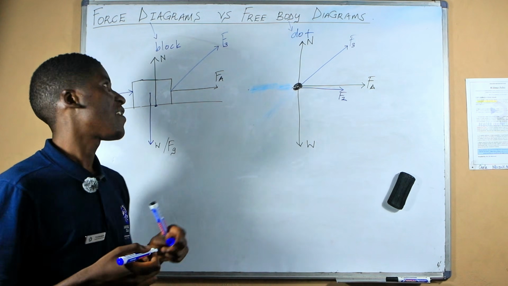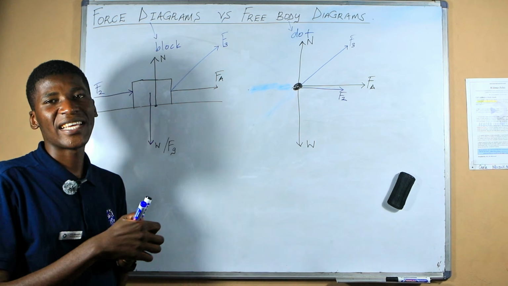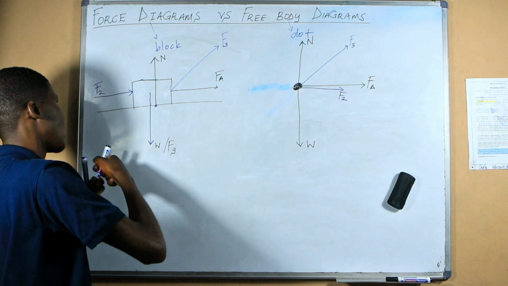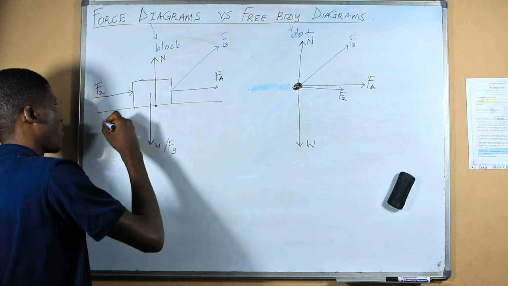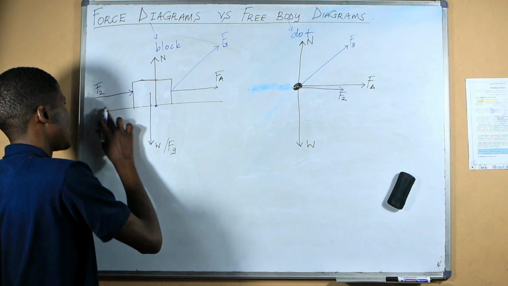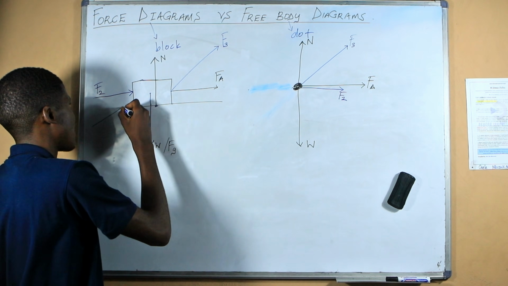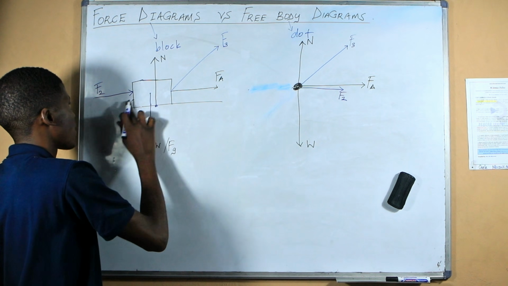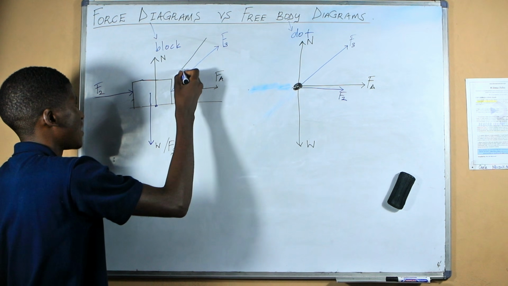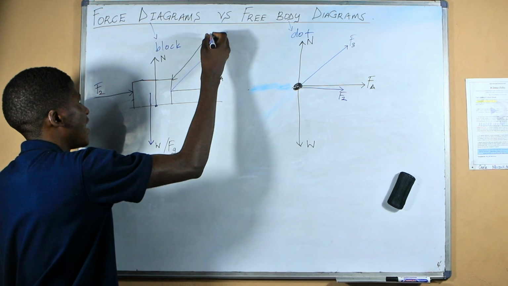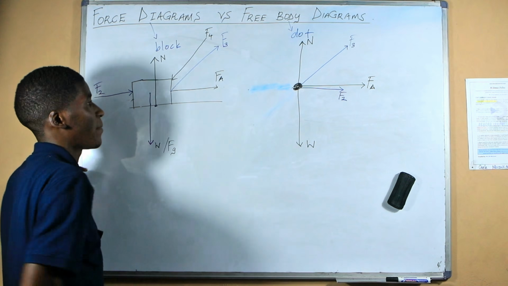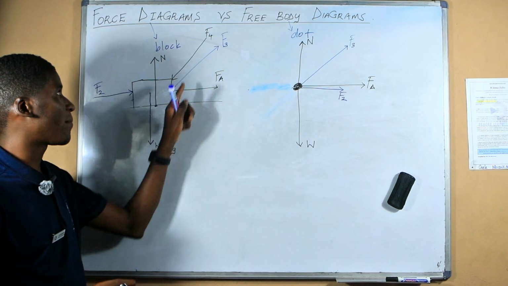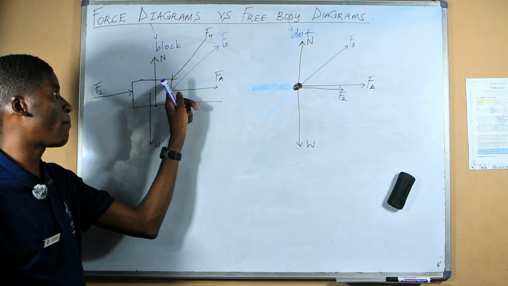If I want to add another force, let me just say a pushing force on this object, a diagonal pushing force, something like this. Let me just push in this direction, and let me say that this is my force number 4. So this force number 4 here is a pushing force, and I'm pushing this block.